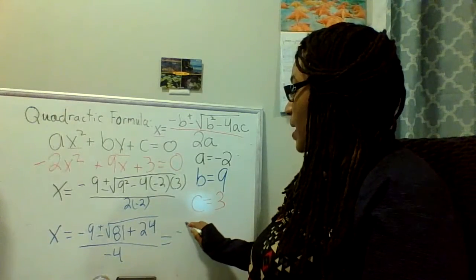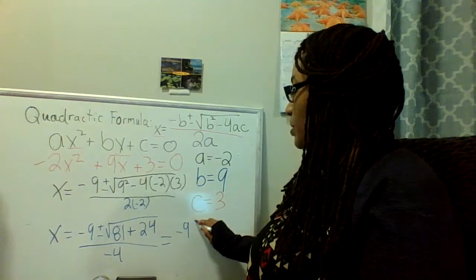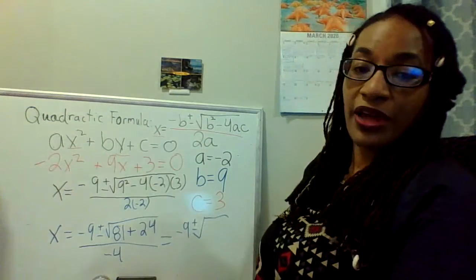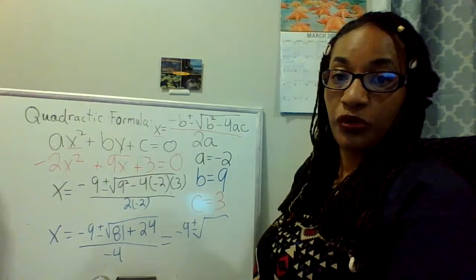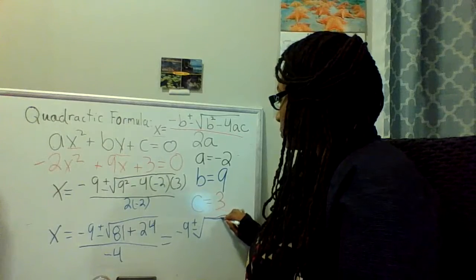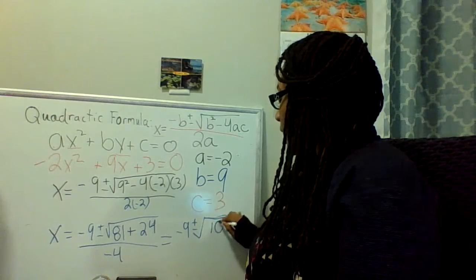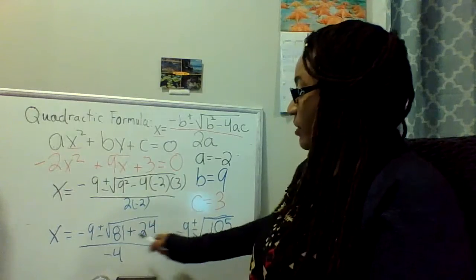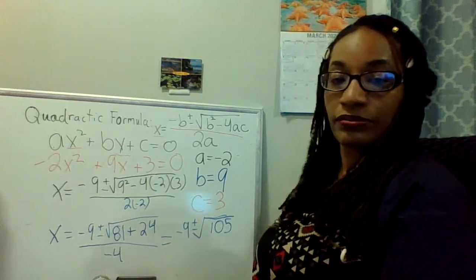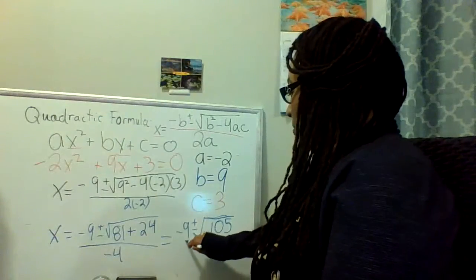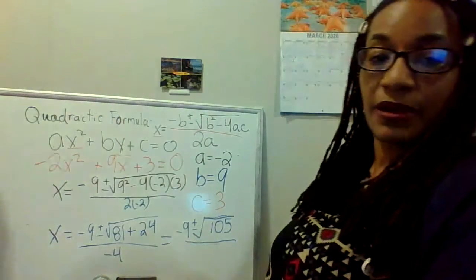We're going to still have our minus 9 plus or minus the square root. If we add these two together, 81 plus 24, we will get 105. Because 4 plus 1 is 5, and then 8 plus 2 is 10. Doing a little mental math. Some of you, this might be easy. For some of you, this might be a little hard.